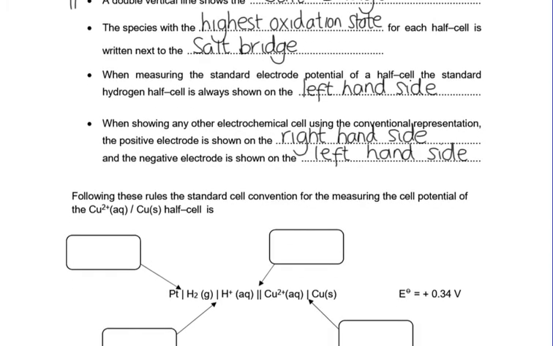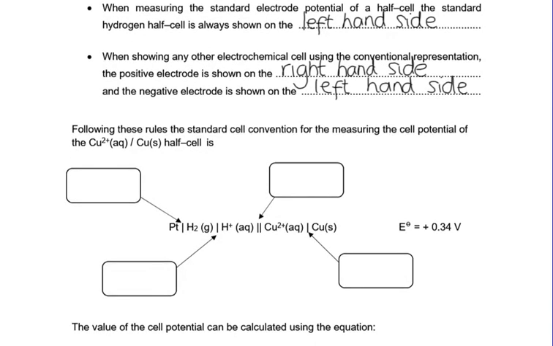So let's have a think about how that is put into place for the copper half cell. So we were measuring the cell potential of the copper half cell. Because we were measuring it against the standard hydrogen electrode, we've got the standard hydrogen electrode on the left. We've got our vertical line representing a phase boundary. So why is that first vertical line there? Well, platinum is a solid and hydrogen is a gas, so they're in a different phase.